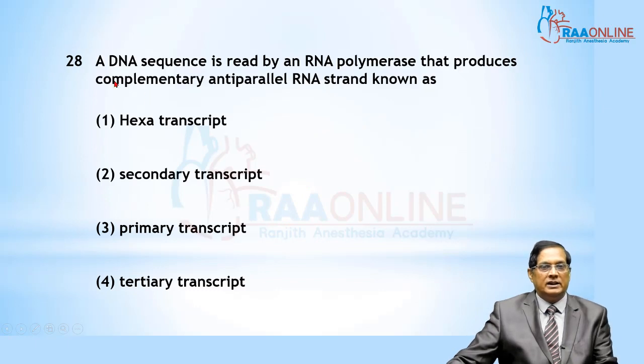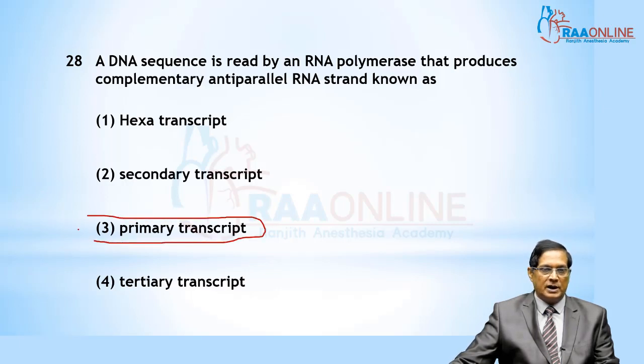Come to the 28th. A DNA sequence is read by the RNA polymerase that produces a complementary anti-parallel strand, which is known as the primary transcript.